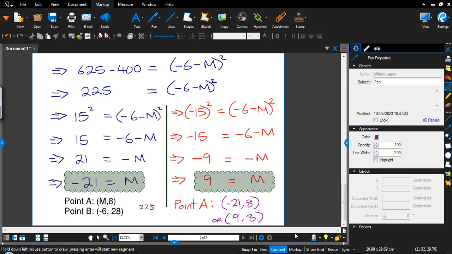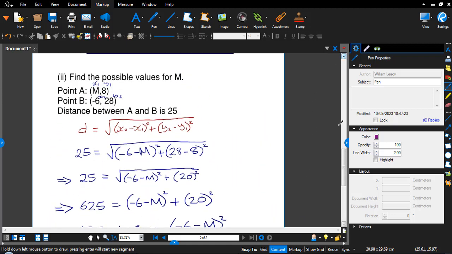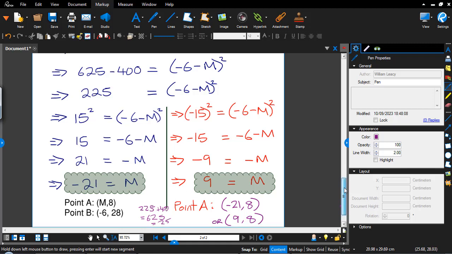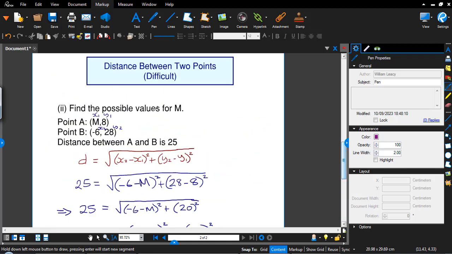Let's have a check of this actually. Yeah, that's perfect. Sorry, I just second guessed myself for a second. So that plus that is 625, and the square root of that is 25, which we were told was the distance. Yeah, that makes sense. That works.